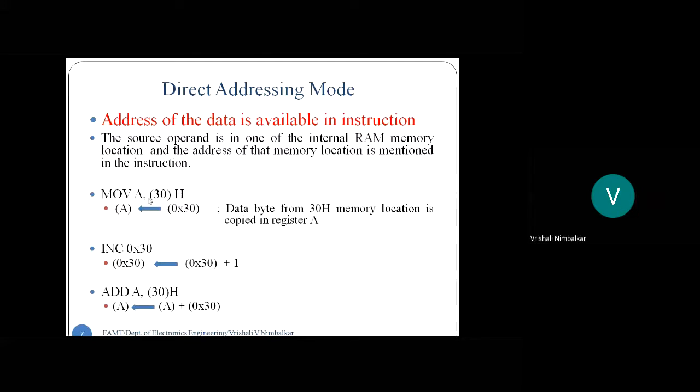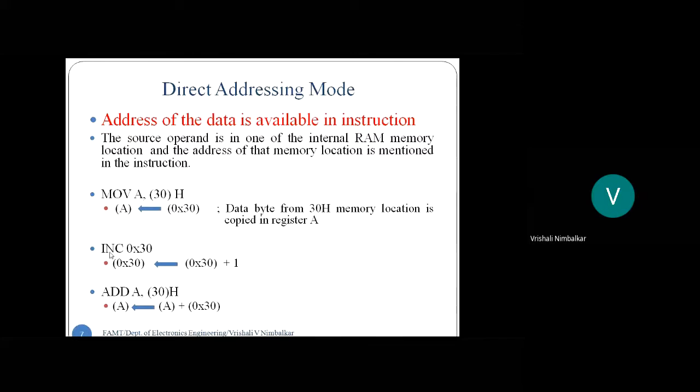So MOV means data transfer. What is mentioned in the instruction? Address is mentioned in the instruction. And what does that instruction do? Data from this address is picked up and copied in accumulator. So what is this? Contents of 30 hex memory location. The contents of this memory location are picked up and copied in accumulator.